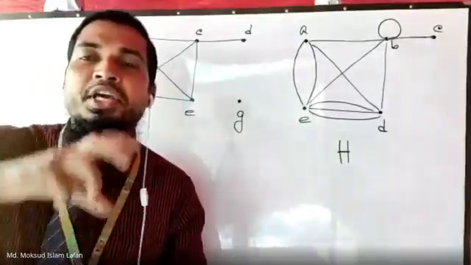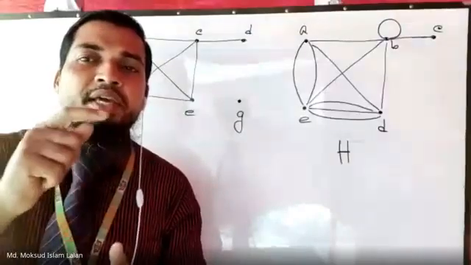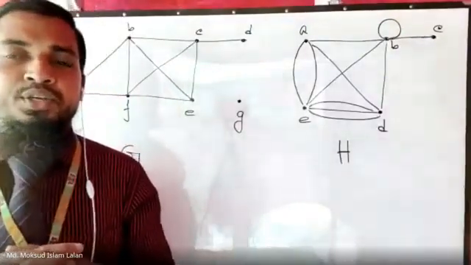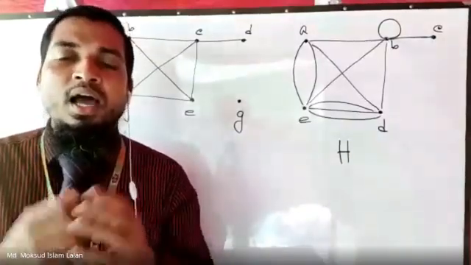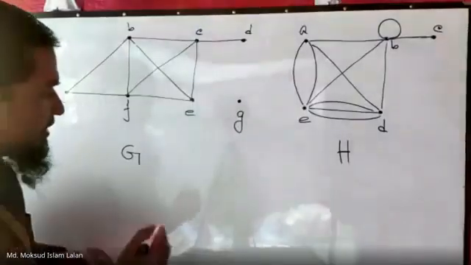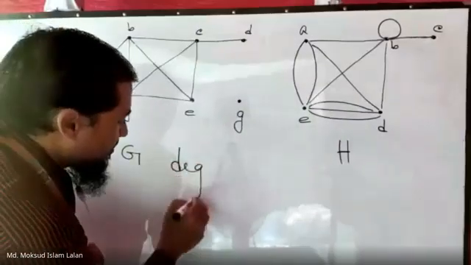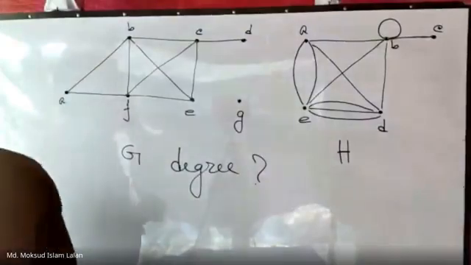Now coming to the degree. How to find the degree of a specific vertex? Do you understand? Please keep a note. These are the keywords: degree of a vertex.